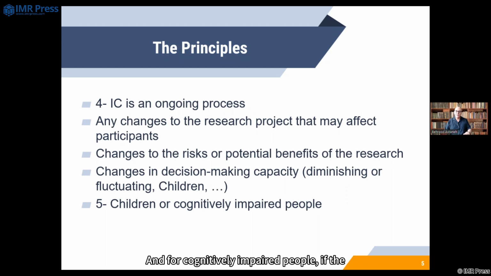And for cognitively impaired people, if the protocol of the study is in a way that you need these people to be included in your study, you need to talk to the next of kin or the third party that know about the willingness of these cognitively impaired people and ask for their informed consent. So you cannot start doing or conducting research on cognitively impaired people without the consent from their next of kin.